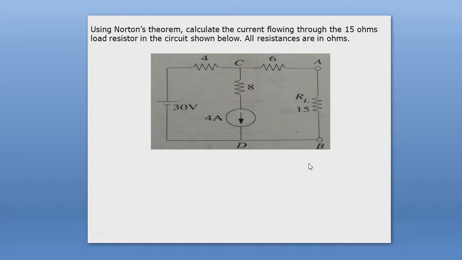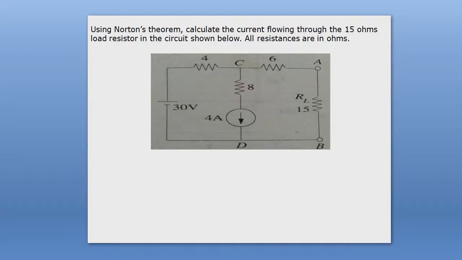Your job is to calculate the value of current which will flow through this load resistance, 15 ohms load resistance. Using Norton's theorem, calculate the current flowing through the 15 ohm load resistor in the circuit shown below. All resistances are in ohms. Now you tell me, how do you solve this problem?